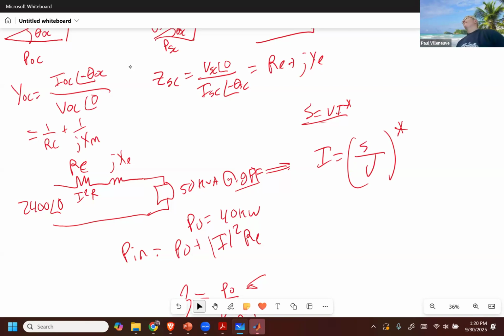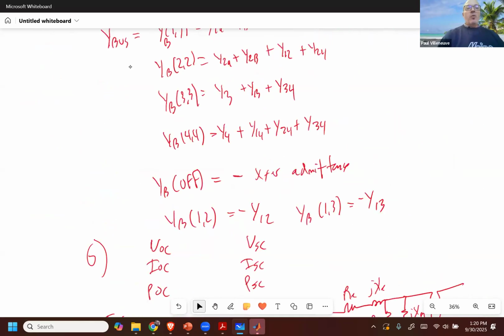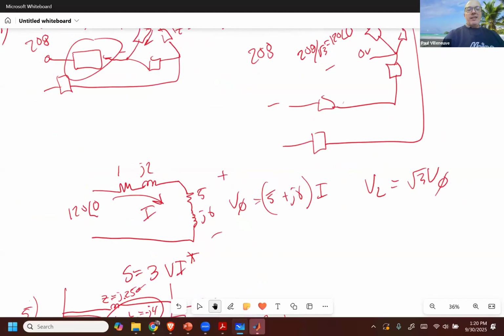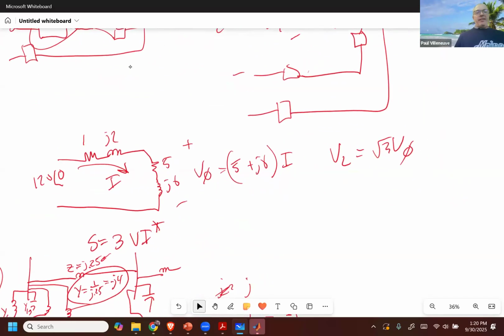Yes, ma'am. Which one? For C? Let's see, that's the voltage one right here. So you solve for the phase voltage, and then you multiply that by the square root of 3, because I wanted the voltage at the load, not at the line.